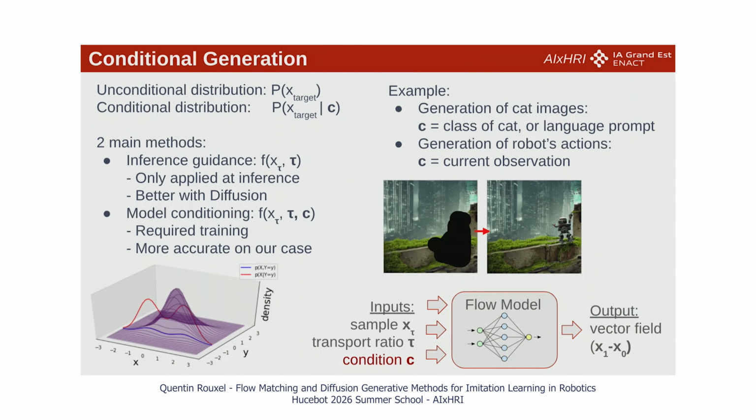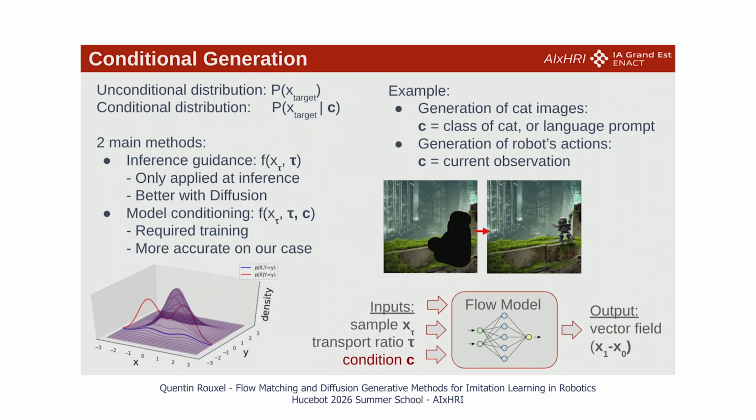For example, you take an image, you add some black area in the image, and the diffusion model is able to fill the blank by generating noise only within this part and filling the gap in the image. Another approach to do this conditional distribution is applied during training, when we learn a model that simply has an additional input, which is a condition. And this is the method we are going to apply now. This model conditioning tends to work a bit more accurately in a robotic task, but again, the two could be applied.